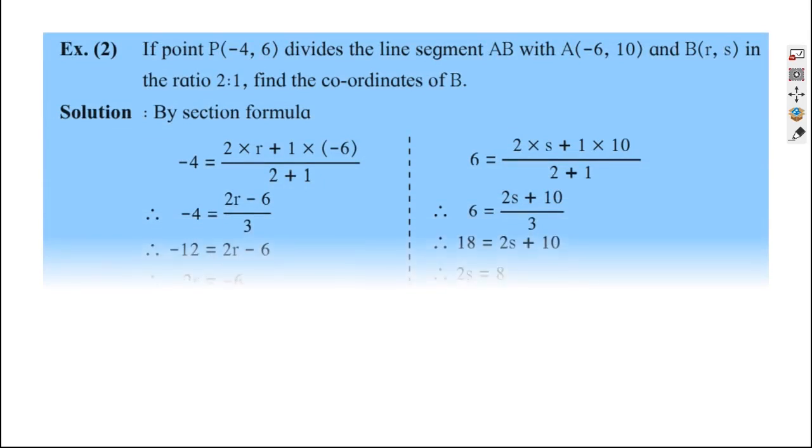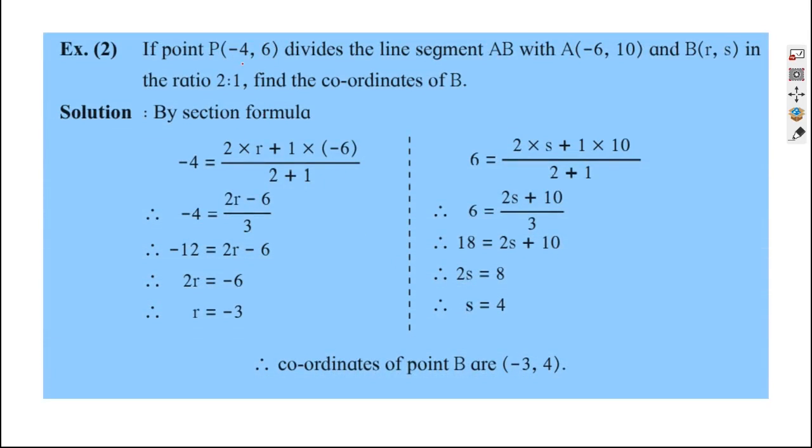Here is another question where P is given as -4 and 6, and it divides the line segment AB with A and B in the ratio R:S. B is not given, but P is given. Again, we are asked to find the ratio. In the section formula, the ratio is very important. So by the section formula we will substitute, but in this case x is given, the P point is given, the other point y is given.